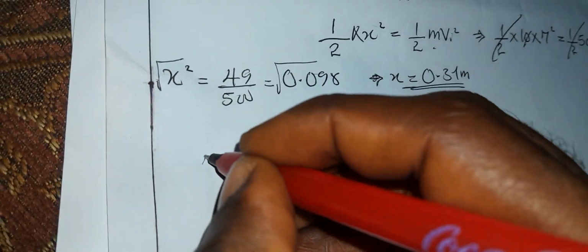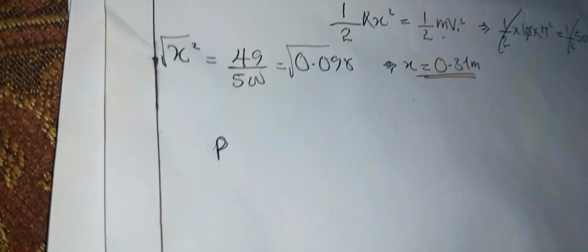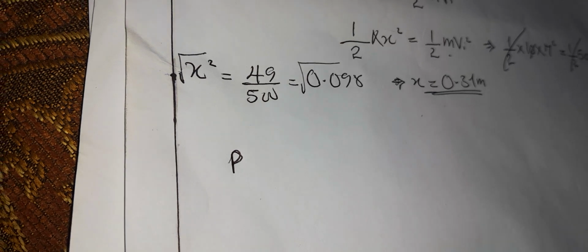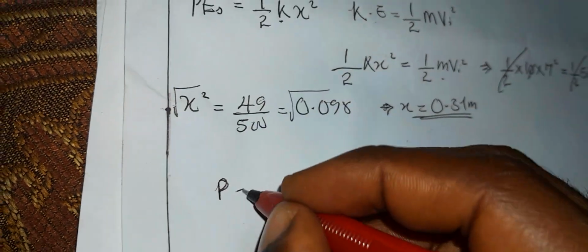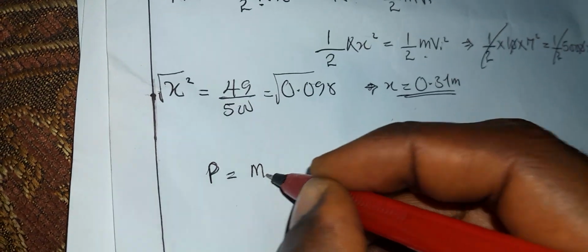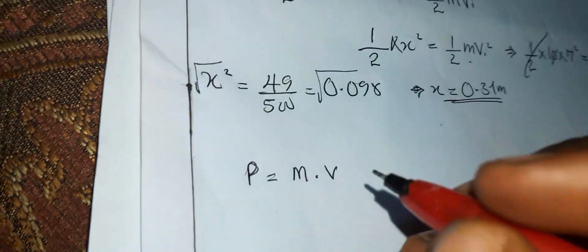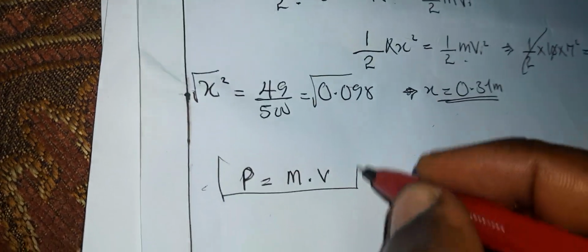Question 7 says define linear momentum mathematically. Linear momentum, let's say P, is mathematically defined as the product of the object's mass, let's say m, times the velocity. So this settles it.